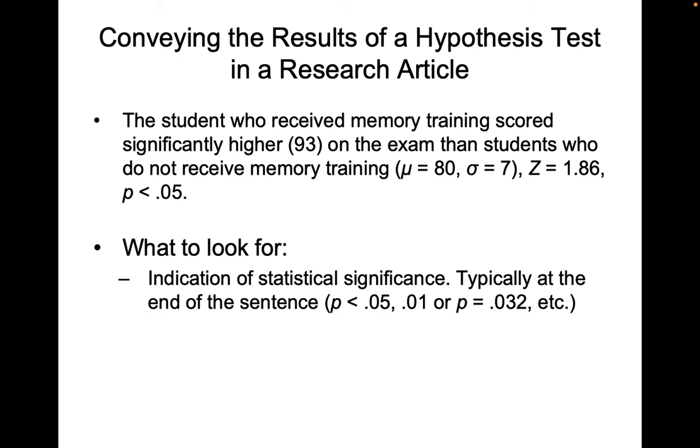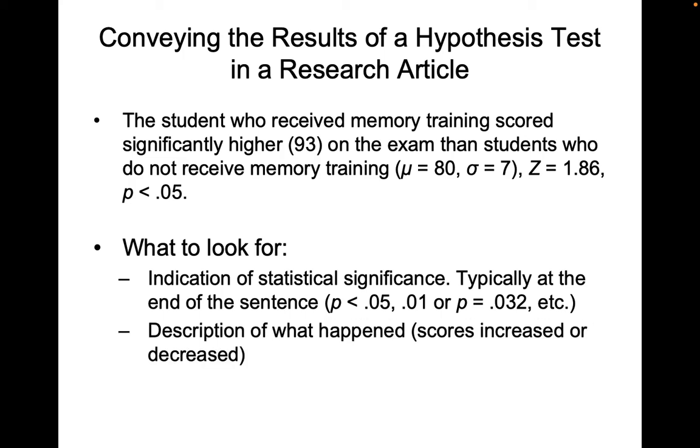So very often you might see an exact p-value reported in a research paper. What you need to do is look at that exact p-value and say, is that less than 0.05? Or if it was specified in advance that the other conventional level of 0.01 was being used, is that exact p-value less than 0.01?